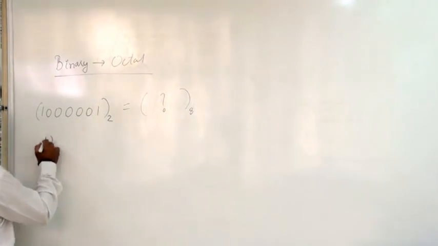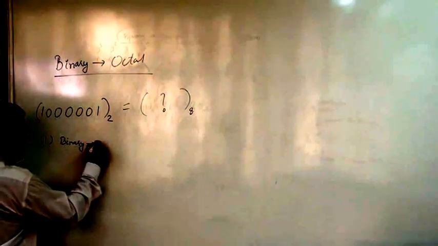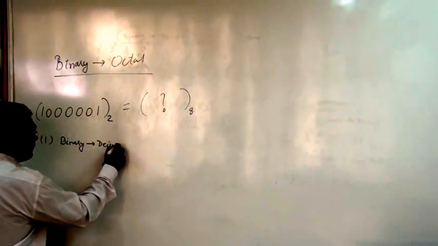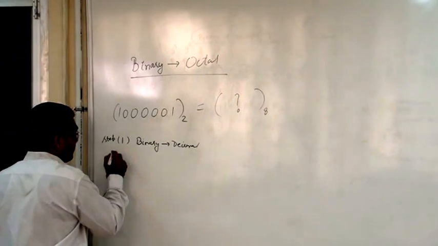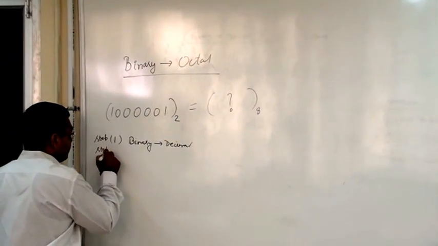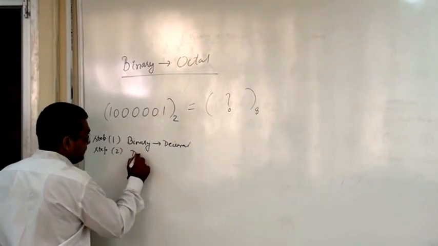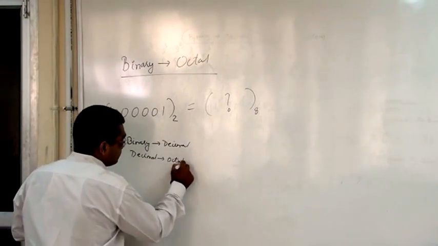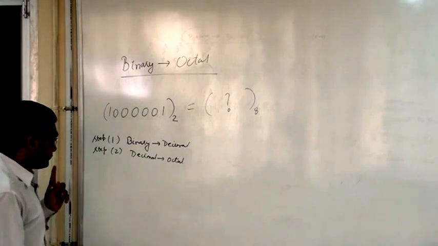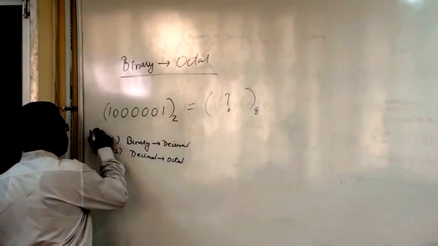First method is we can go from binary to decimal in step 1, and in step 2 we can go from decimal to octal. So this is approach 1.